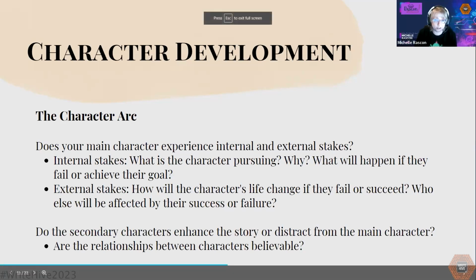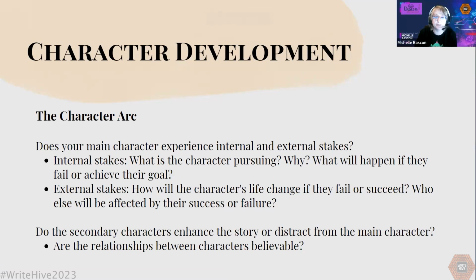Then you also want to make sure within that the relationships between the characters are believable. Is this a realistic thing that's happening? Do they have chemistry? Do they have tension? That would probably be more relevant if it's a romance. Is it believable that they would end up together? Is it believable that these people would be friends?